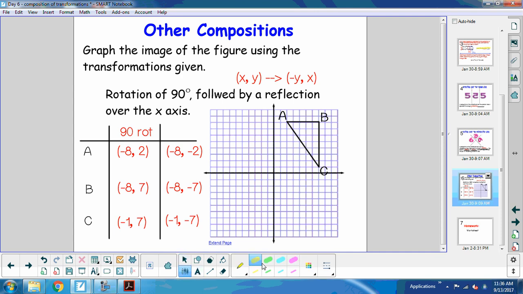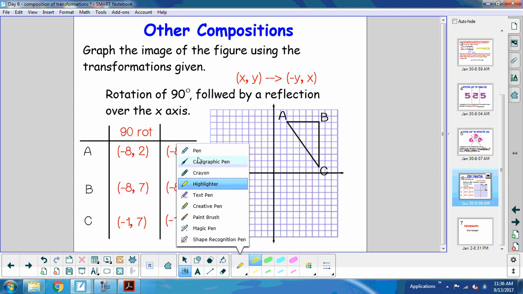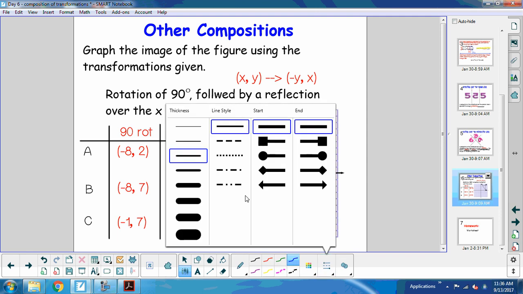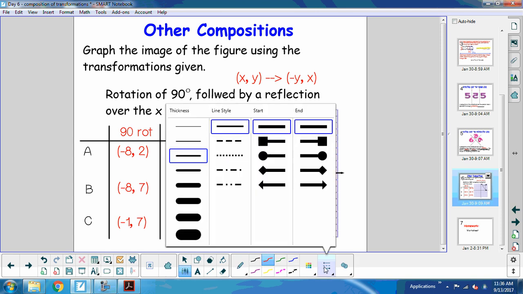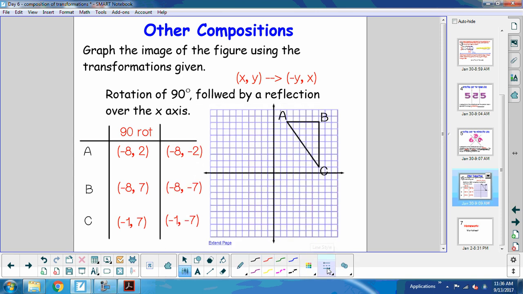All right, so now we have 3 new coordinates. So I'm going to go ahead and just plot those. So we have the point (-8, -2).